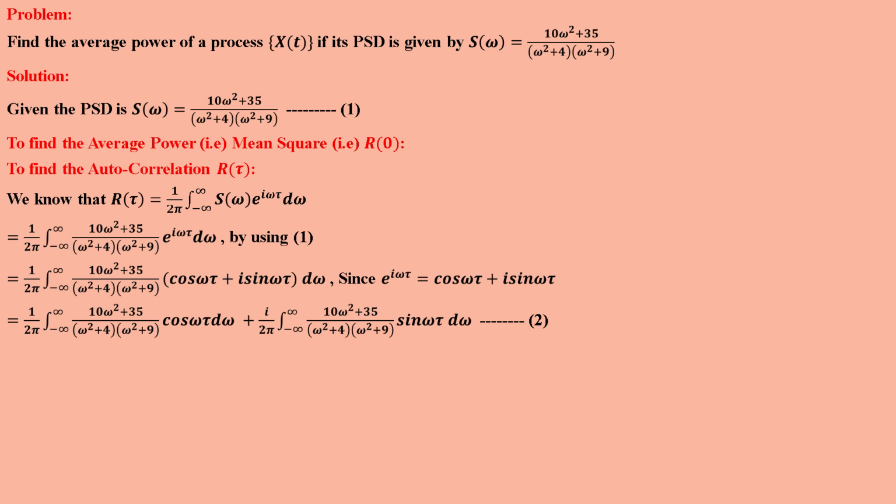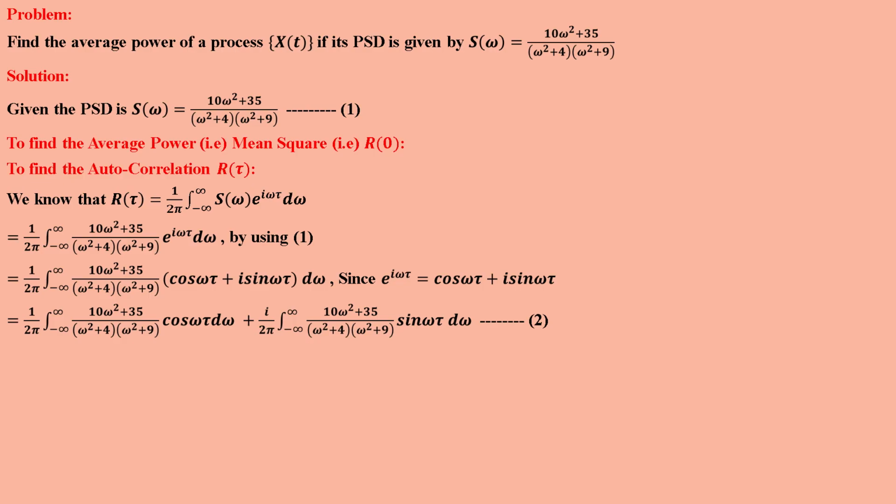Similarly, we know cos ωτ is an even function. So the product of two even functions is an even function. So the first integrand is an even function. We know the properties of definite integral for the even function: the integral from minus infinity to plus infinity of an even function is equal to 2 times the integral from 0 to infinity of that even function.